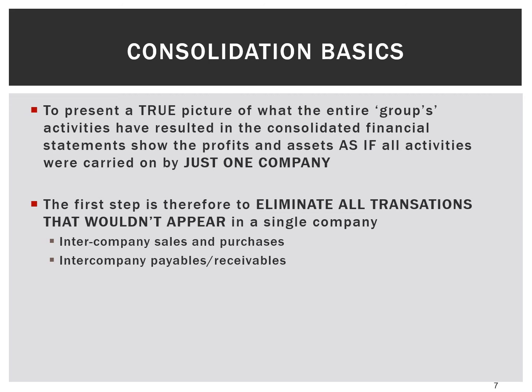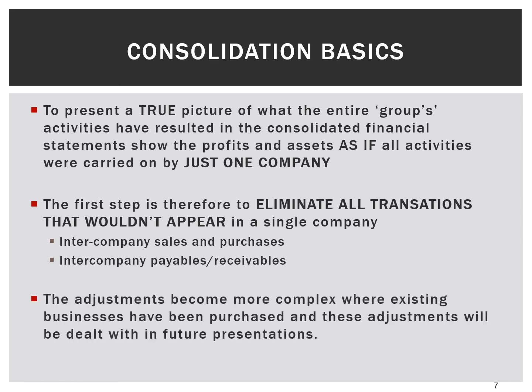In this case, one company will be showing money owed to it, and another company within the group will be showing a liability of equal amount. And both of those balances need to be cancelled out. So those are the basics that we'll need to do when we come to produce the consolidated financial statements.